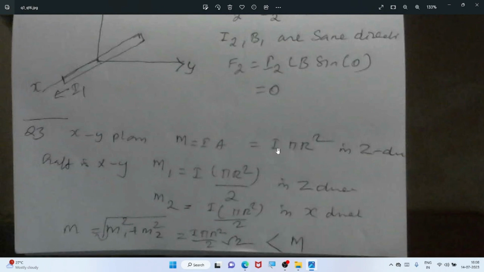We get this, the magnetic moment in the z direction because it is in the xy plane. Now we split into two loops, one in the xy plane, the other in the yz plane. In xy, the magnetic moment will be in the z direction. Here the area will be halved because only half the loop, so this will be in the x direction. Now if you combine those magnetic moments, the result is less than this.